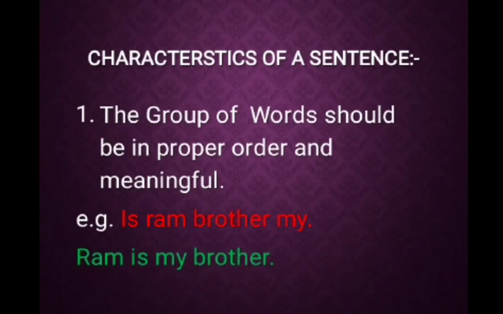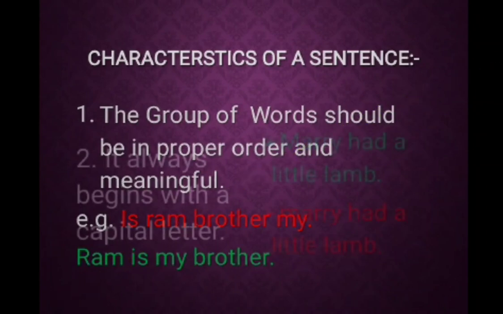No. And in the next example, we are using the same words, but we put them in proper order, just like Ram is my brother. So, of course, it has meaning because we put it in proper order. So the first and foremost condition is that the group of words should be in proper order and meaningful.